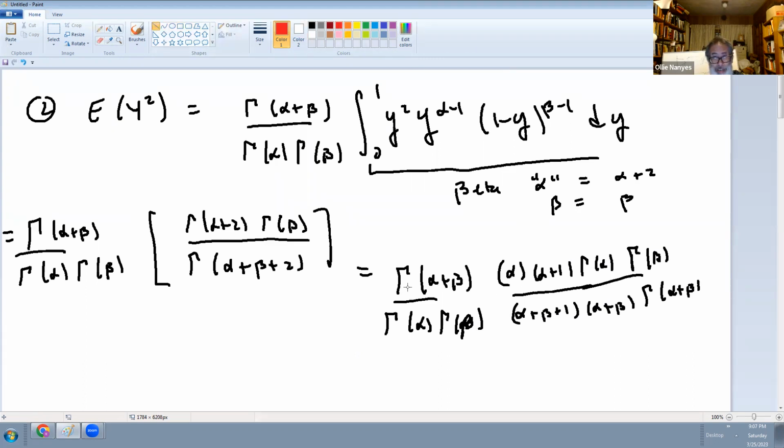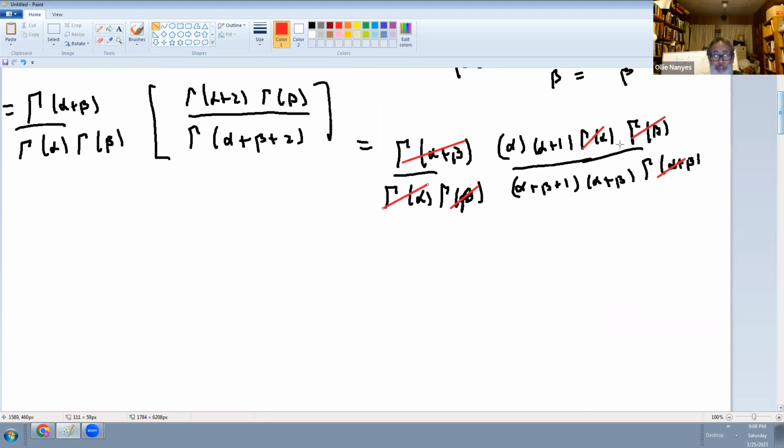And once again, we get some very cool cancellation. So we can say, all right, just cancel this guy, cancel this one. Let's cancel this one. And we end up with this kind of nice looking thing. So the expectation of y squared is going to be alpha squared plus alpha up top.